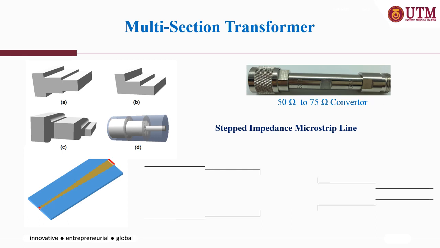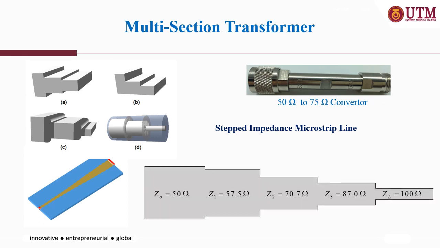The figure shows the multi-section transformers. It can be a step transformer, and it could be within the cable as well. In terms of microstrip antenna design, this is one of the converters, where you can see the value here, a 50 to 70 ohm converter.